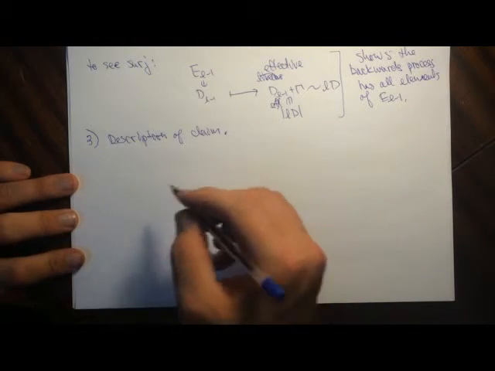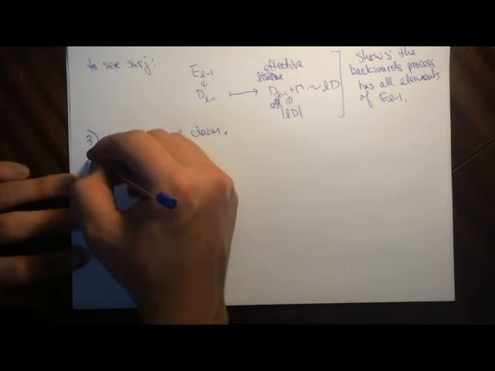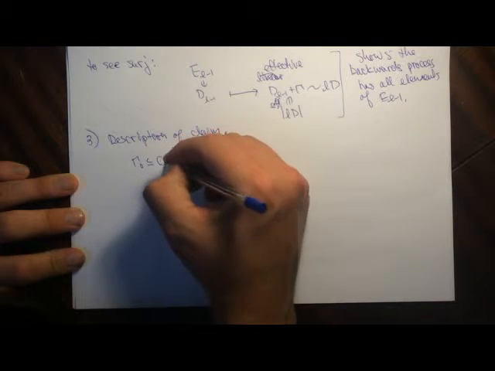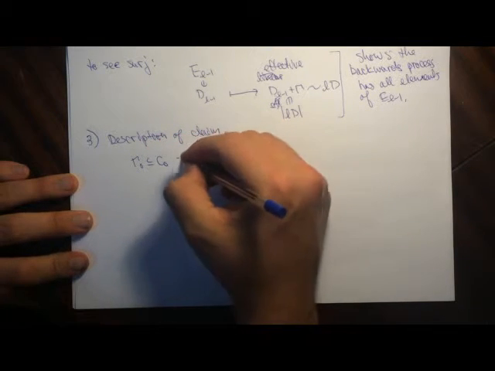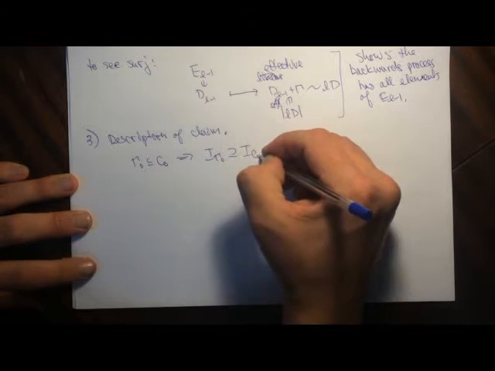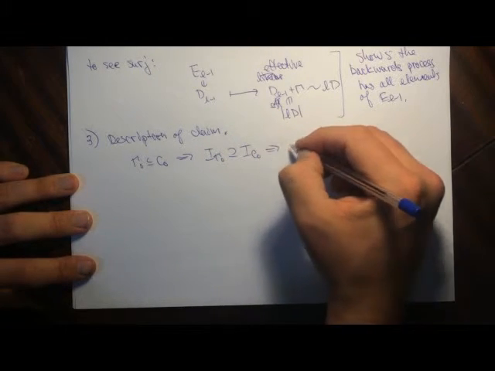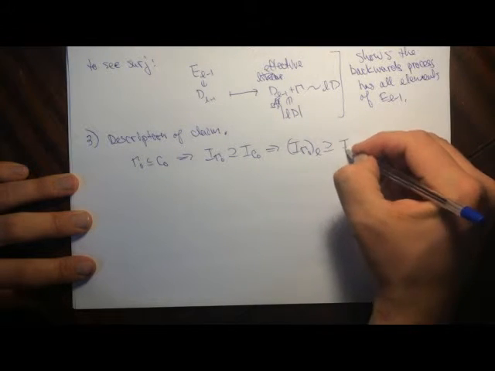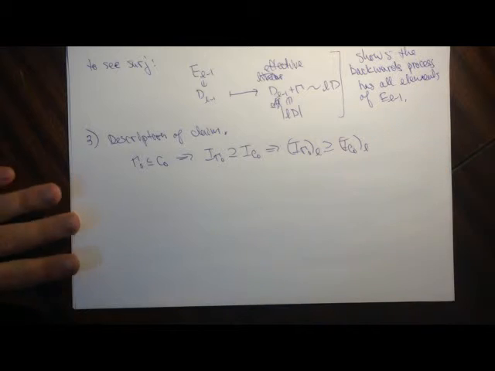So first, notice that gamma_0 is a subset of C_0. So this tells us that I of gamma_0 is contained in I of C_0, which tells us that I of gamma_0 of L contains I of C_0 of L.